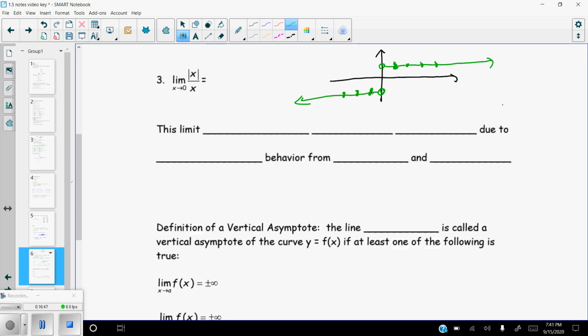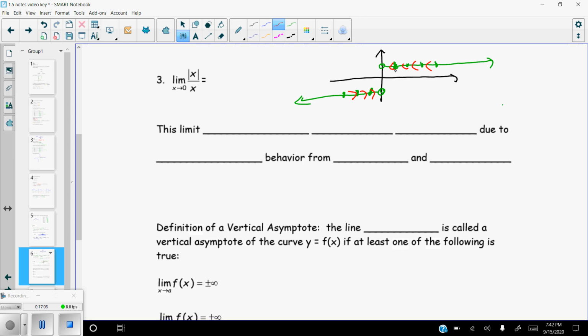So what is the limit as x approaches 0? Well, if you approach 0 coming from the left-hand side, the limit seems to be approaching -1. But the limit from the right-hand side seems to be approaching a value of +1.